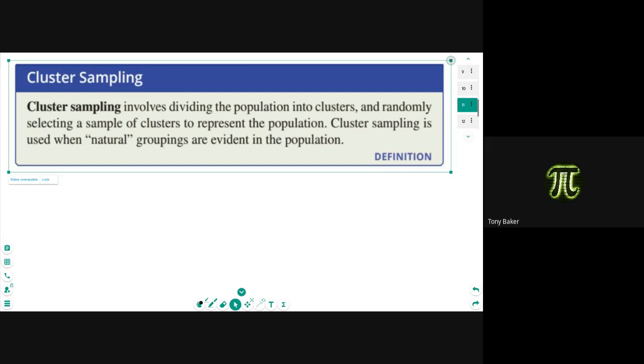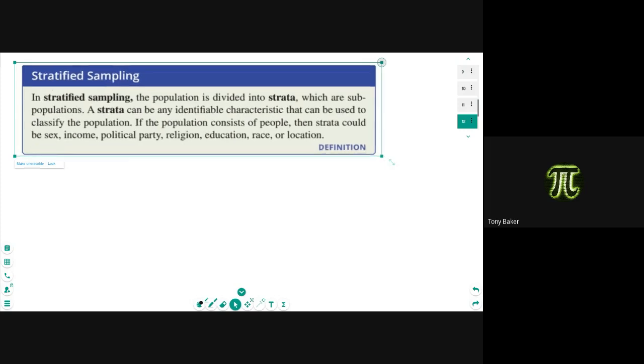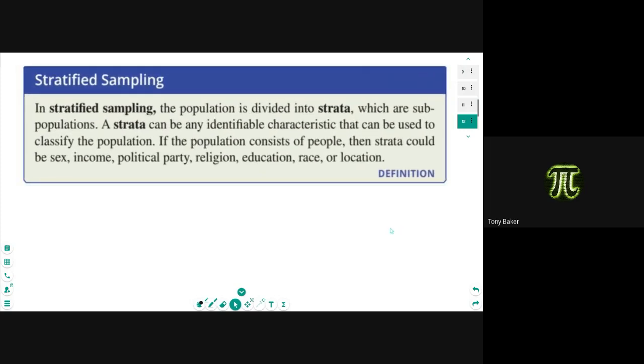Okay, so cluster sampling is good, but there's a better way to do it. So the next one is called stratified sampling. This is where we break the population into groups based on some kind of identifiable characteristic.